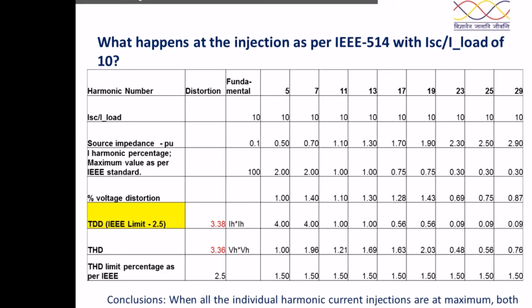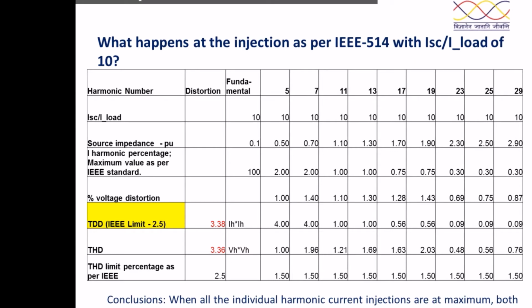Therefore, what is very important is that when all the individual harmonic current injections are at maximum, both the voltage and current distortions are violated, in terms of the TDD and also the THD.